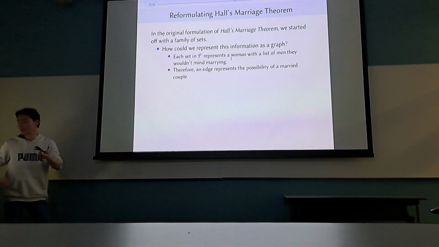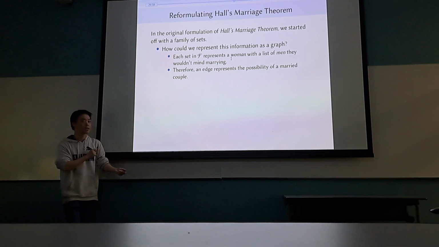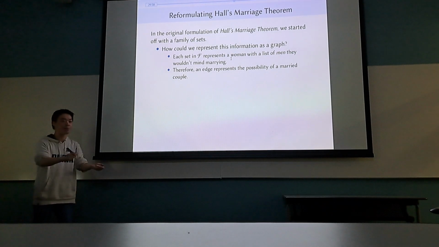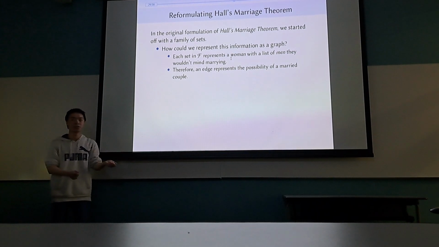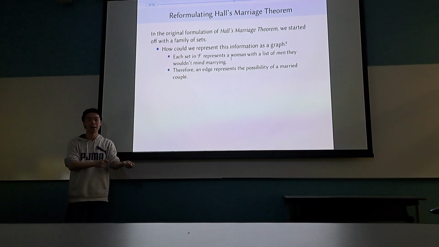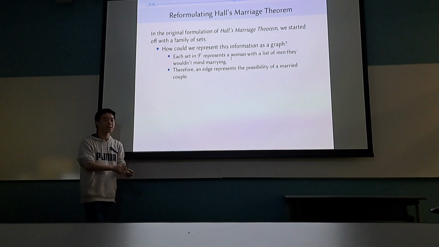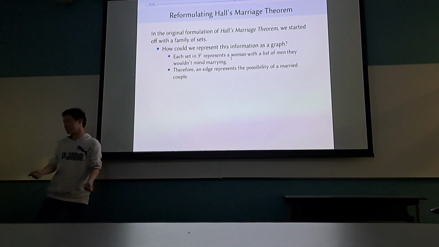An edge between two vertices is possible precisely when they can be married.